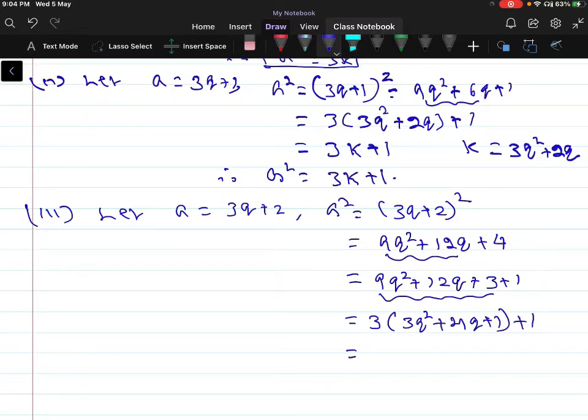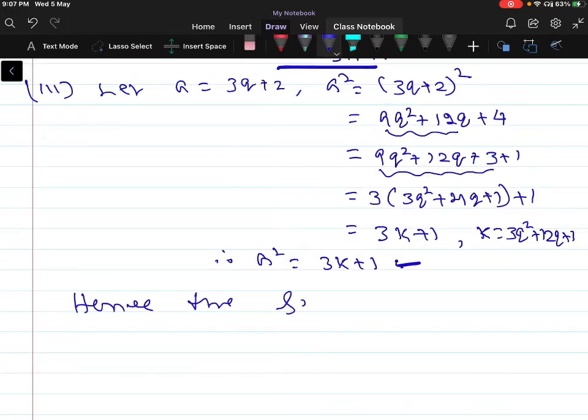So this is equal to 3 times of k plus 1, where k is equal to 3q square plus 4q plus 1. So therefore a square can be written in the form 3k plus 1.